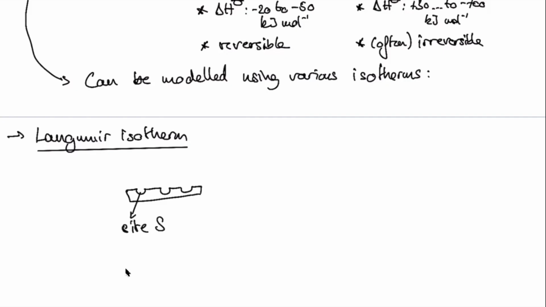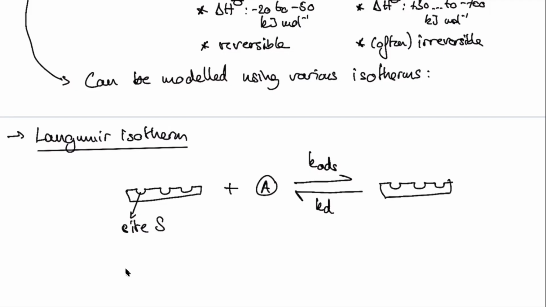We'll call it S. And I have some compound or molecule A, with K adsorption and K desorption. And so here I would have A adsorbed.